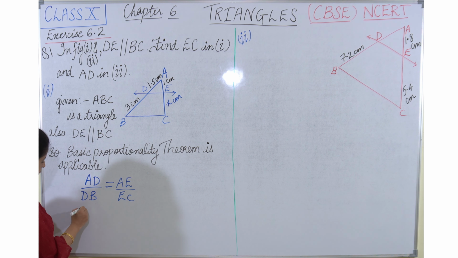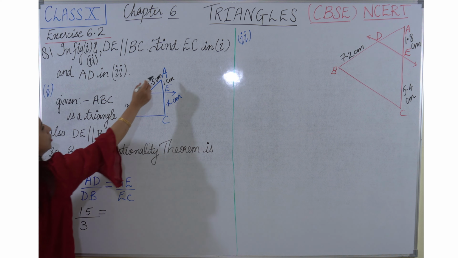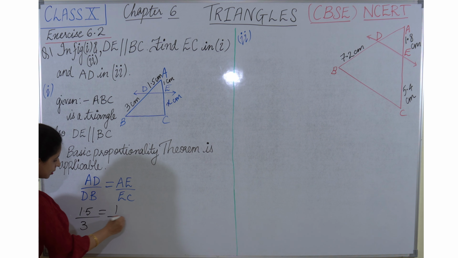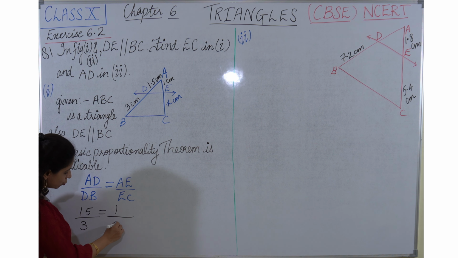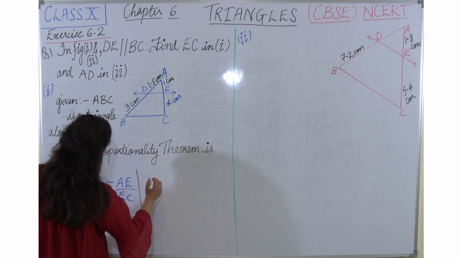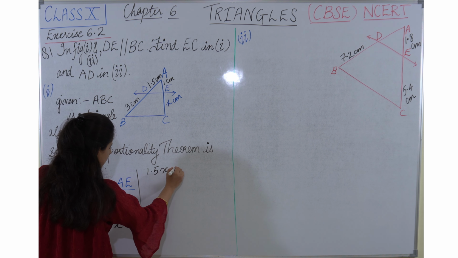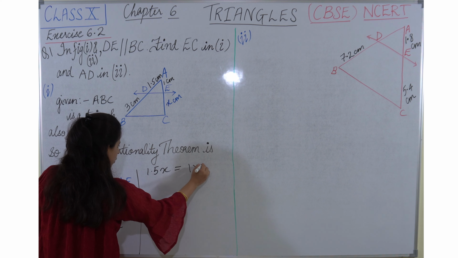AD is given to us as 1.5, DB is given to us as 3, AE is given to us as 1 in the figure itself, and EC we have assumed to be x. So we will be cross multiplying it. We will be getting 1.5x equal to 1 into 3.